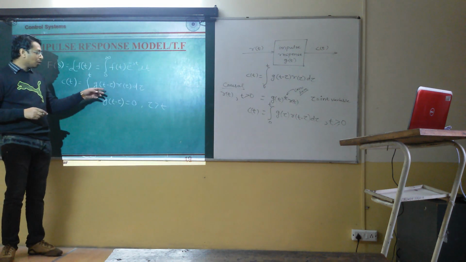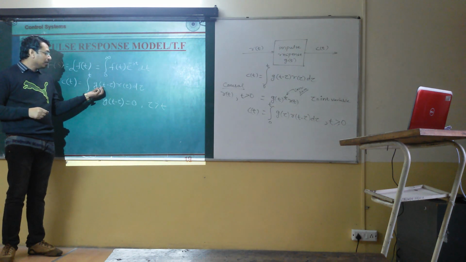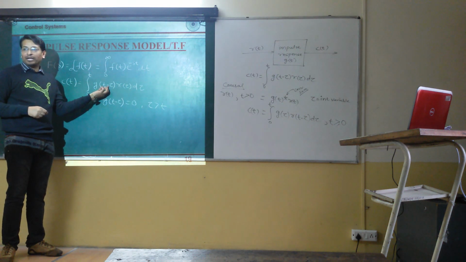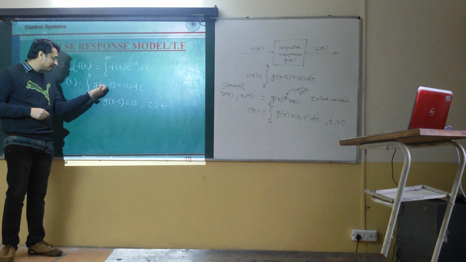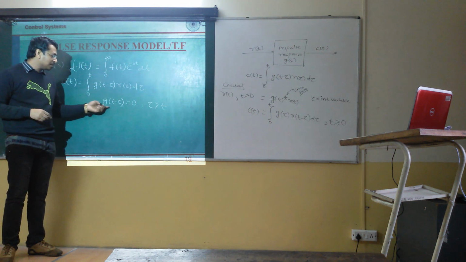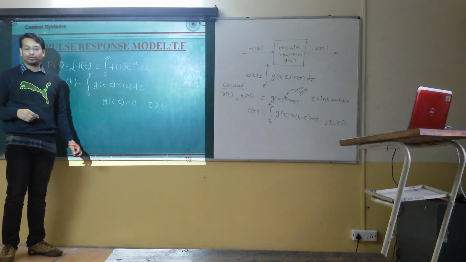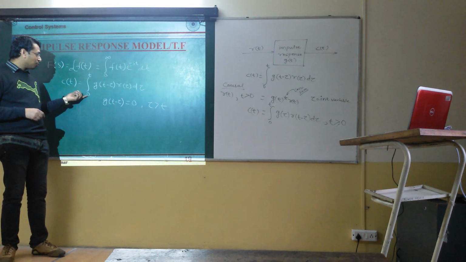Whenever tau is greater than t, this argument becomes negative, and since you have defined that your system is causal, it acts as negative time, so the value will be 0. The value of tau is being changed from 0 to t.